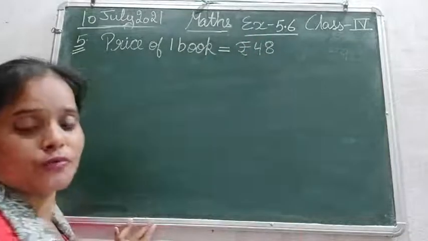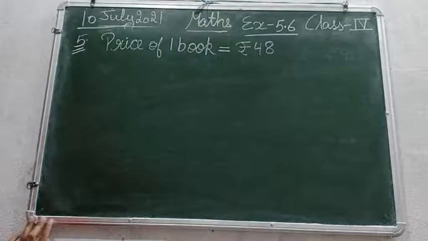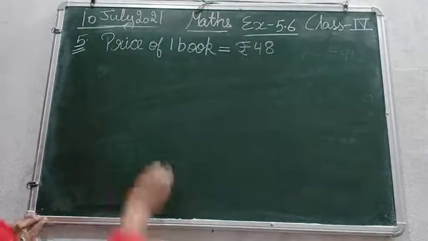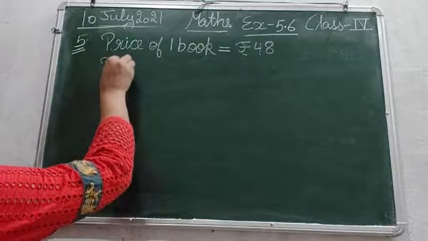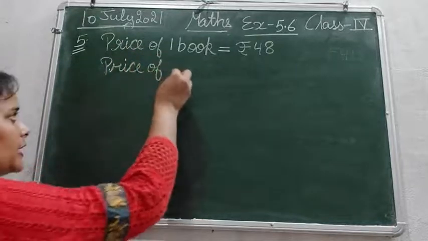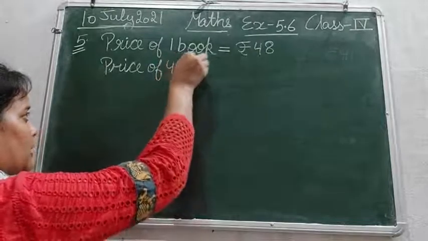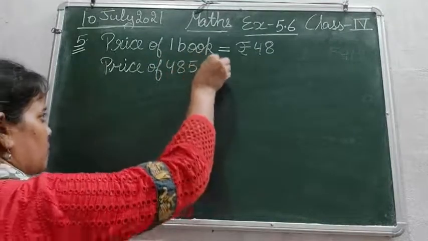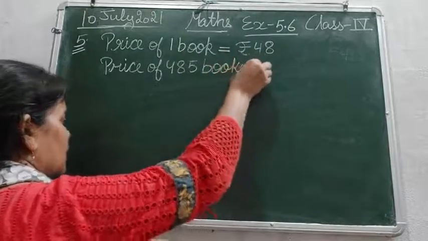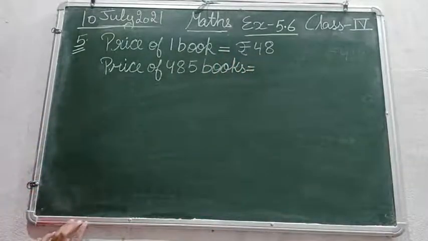This is the price of one book and we need to calculate the price of 485 books. निकालना क्या है, 485 books. Price of 485 books हमें निकालना है. So this is what we need to calculate.